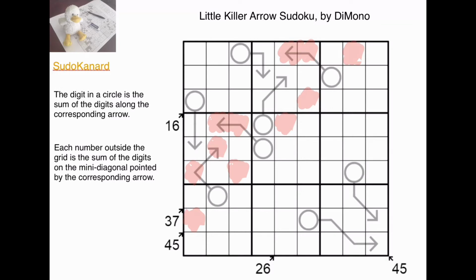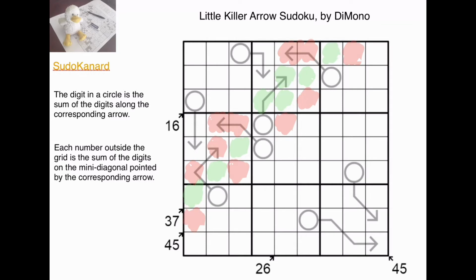And then, what else will we get? Let's have a look at this diagonal. Well, obviously we get this cell, this one. This cell is the sum of those. We also get those cells.